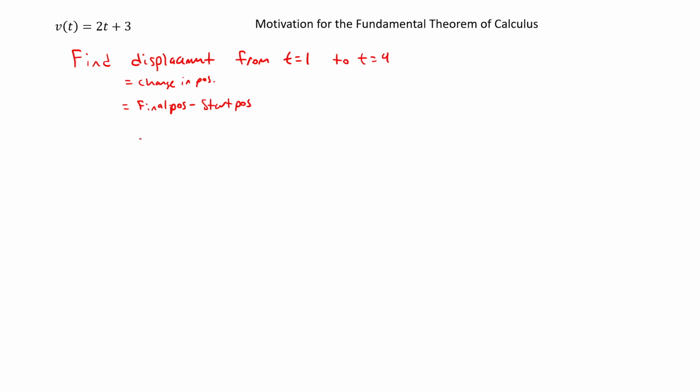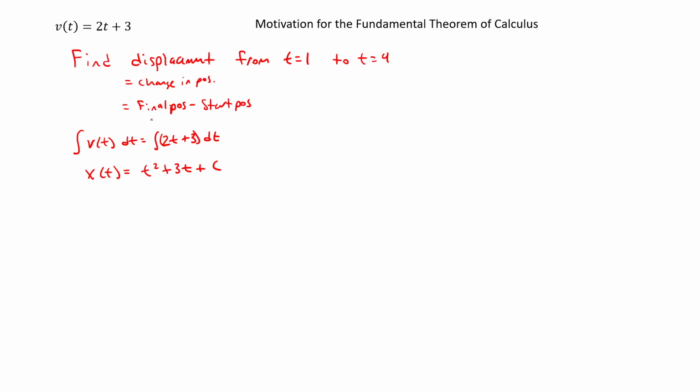Well, we've learned in class that if I have velocity and I take an integral of velocity, or an antiderivative with respect to time, then what I get is the position function. So I get x of t equals t squared plus 3t plus some c. We don't have any information to solve for c, so we'll just go with that.